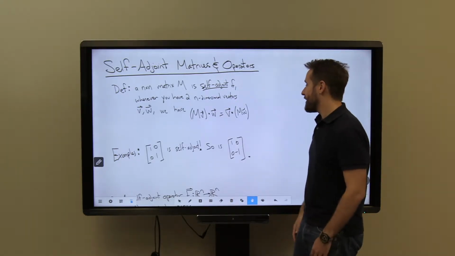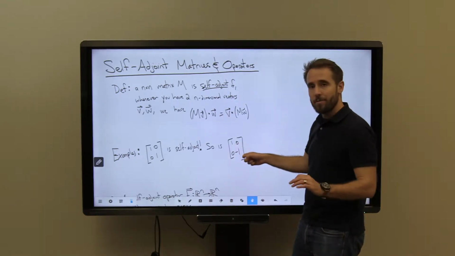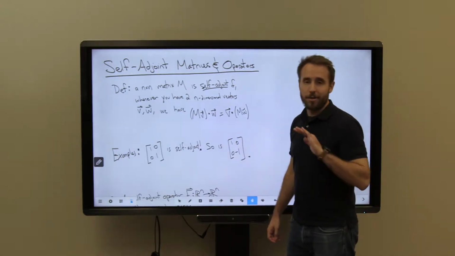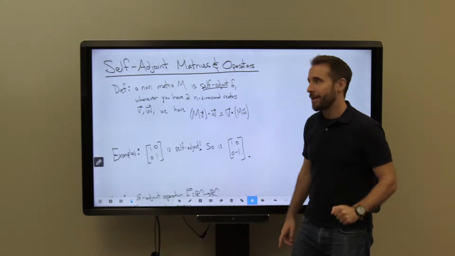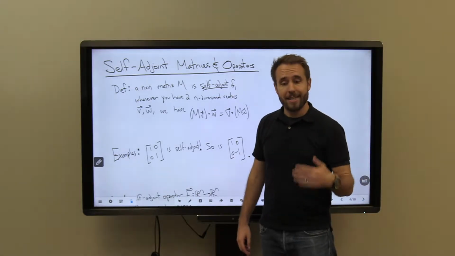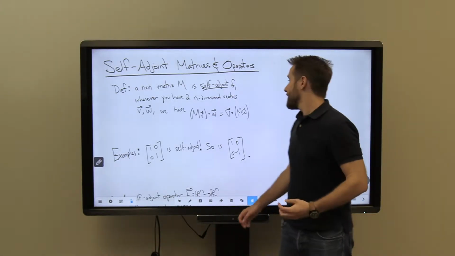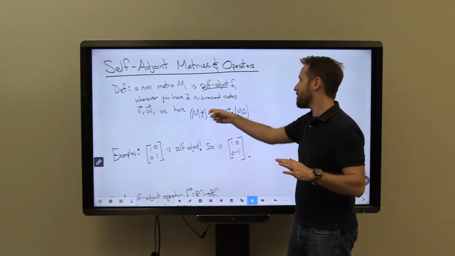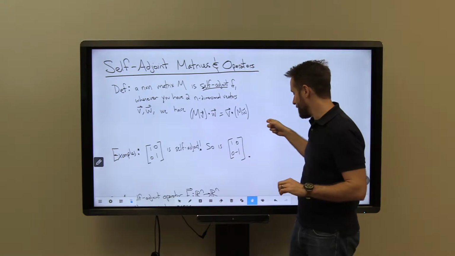Less immediate is this one here. The matrix 1, 0, 0, negative 1 is also self-adjoint, and I'll leave that to you to check. But so we've got this idea of a self-adjoint matrix satisfying this interesting, almost symmetry happening here.